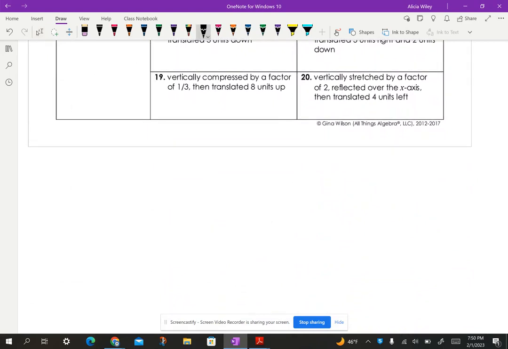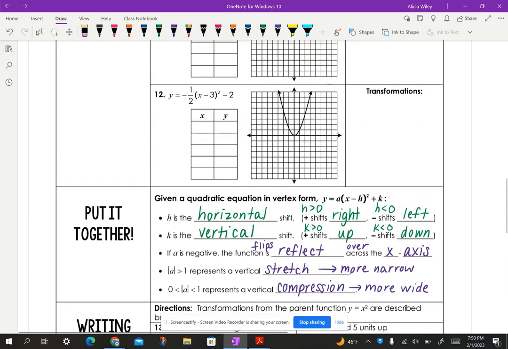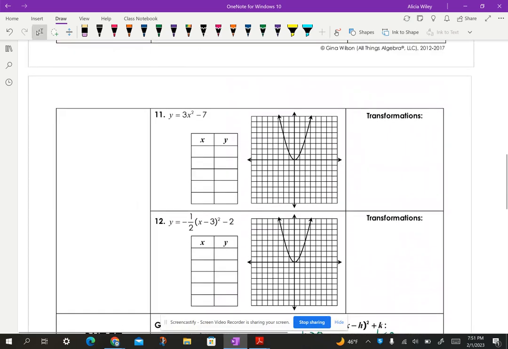So let's imagine that we have y equals negative (x minus 4) squared. And I guess you guys can add this in over here in this column. There's space here. Let's just do an example like that.